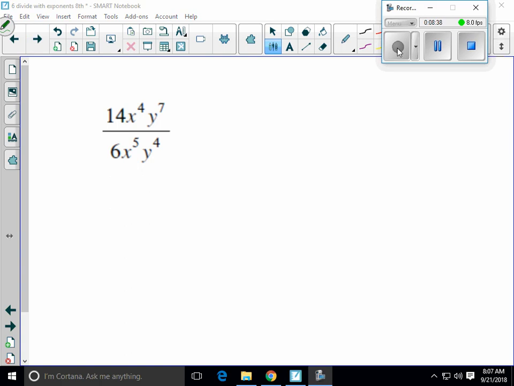Okay, here's an example with numbers with then two different variables, x's and y's. Okay, so for the numbers, 14 and 6, well, 2 goes into both of those. 2 goes into 14 7 times, and 2 goes into 6 3 times. So for my numbers, I'm going to have 7 over 3.